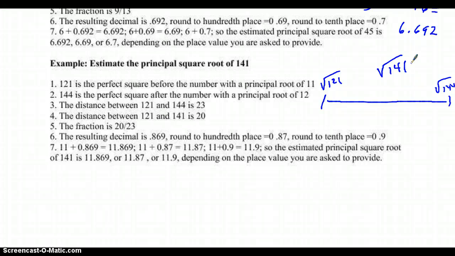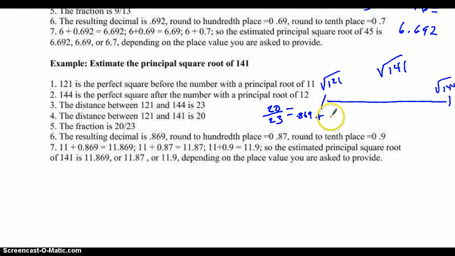So again, if we look at the distance from 121 to 144, we're going to get like 23 tick marks in between. I'm not going to draw those tick marks. And we know that the distance between 121 and 141 is 20. So we're looking at 20 over 23. We divide and we get something like 0.869.